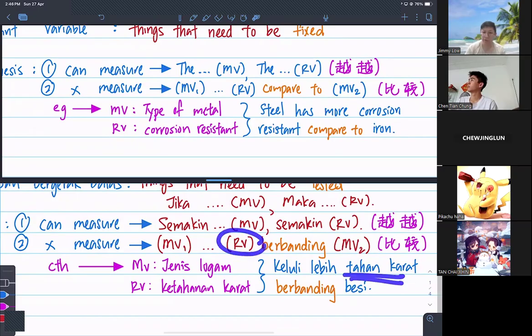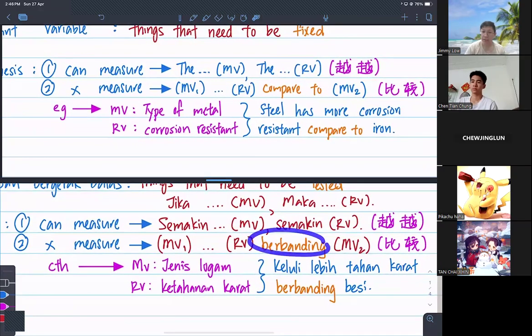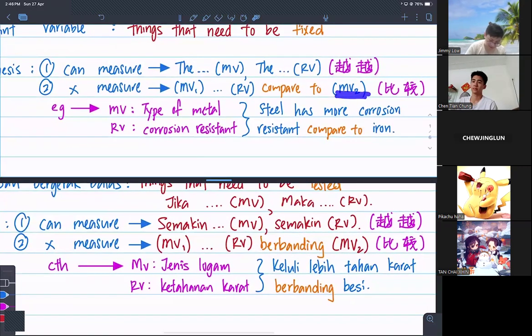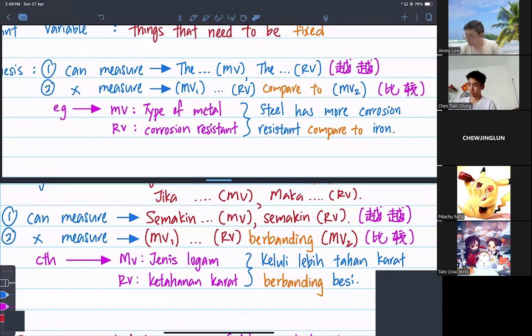Compare to, you do comparison, berbanding, compared to the another manipulated variable. So if you figure out you cannot use the more the less already, just take two of the manipulated variables to do comparison based on your responding variable.